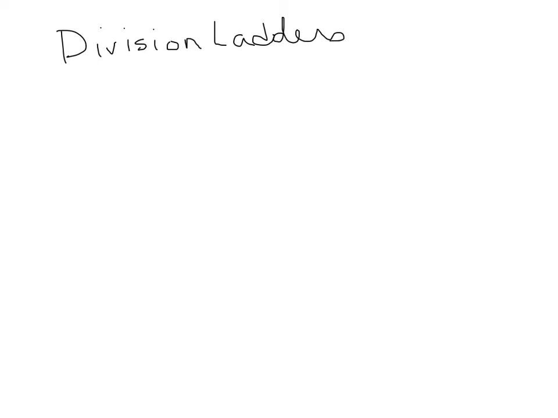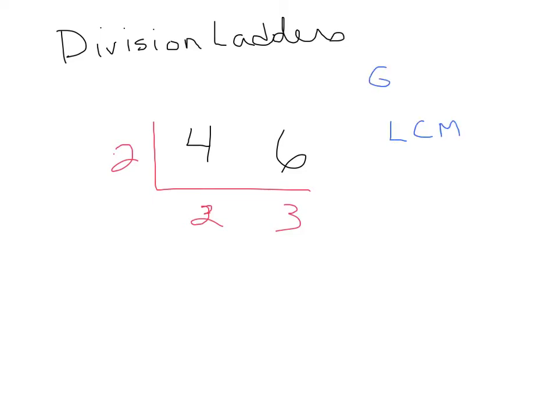Okay. If I take the 4 and the 6 again, I'm going to find the factors, noting that these are both divisible by 2, leaving me with 2 and 3. To find the LCM, well, first of all, I could say that the GCF is 2.